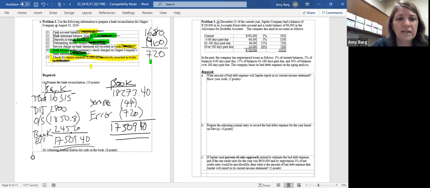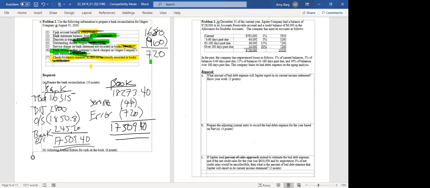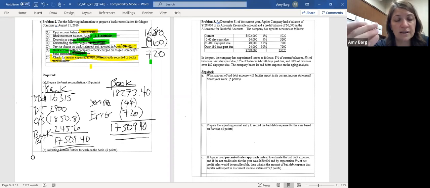And so we need to take that money out of our book balance. So that would be a deduction on the book side. If the bank also charged an NSF check fee, because a lot of times that happens when you write a bad check, a company charges you a fee because their bank charges them a fee, that would also be a deduction on the book side.